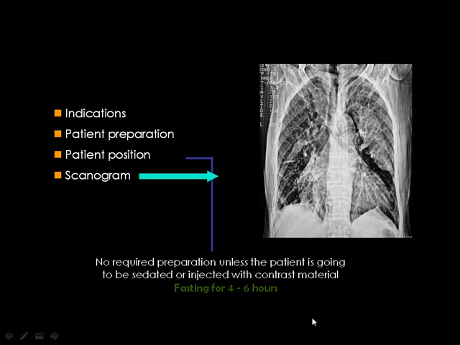In order to do a CT scan of the chest, you put the patient on the CT machine, and you should have what is known as the scanogram. The scanogram is just a plain X-ray or a scout view for the area to be examined, in order to locate the range of examination.